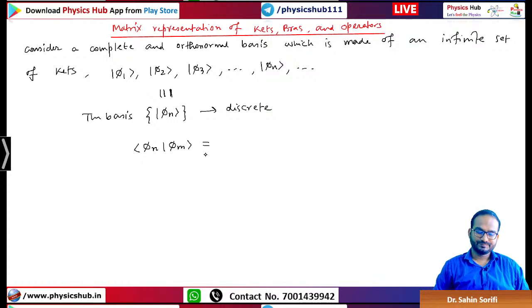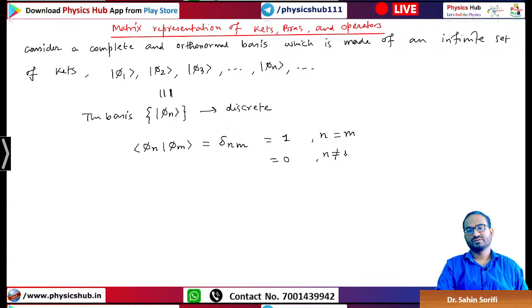Can you tell me? Orthonormal means the scalar product of phi 1, phi 2 is 0, phi 2, phi 3 is 0, phi 3, phi 4 is 0. If you want to write it in general, you will write in terms of the Kronecker delta, delta nm. It is 1 if n is equal to m, and 0 if n is not equal to m.